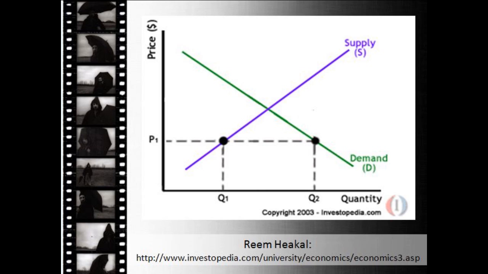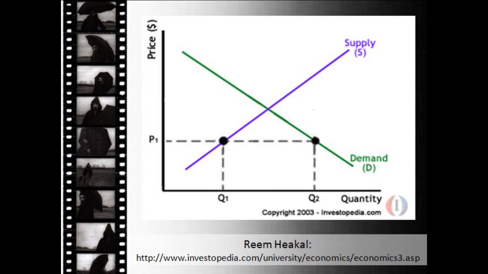In this situation, at price P1, the quantity of goods demanded by the consumers is Q2. Conversely, the quantity of goods that producers are willing to produce at this price is Q1. Thus, there are too few goods being produced to satisfy the want or demand of the consumers.